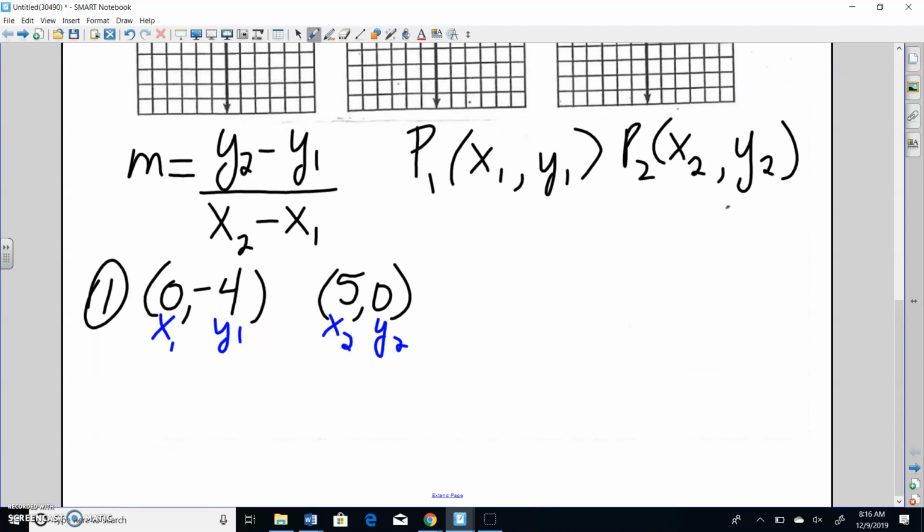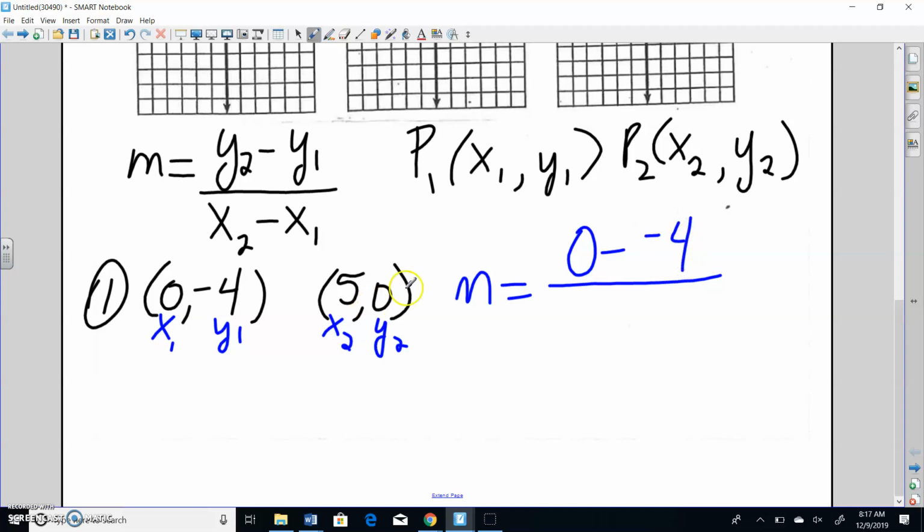Okay, so we're going back up to this formula right here. Our slope is going to be y2 minus y1. That's what goes in the numerator. So m equals y2, we identified as 0, right? So 0 minus y1, which is a -4.